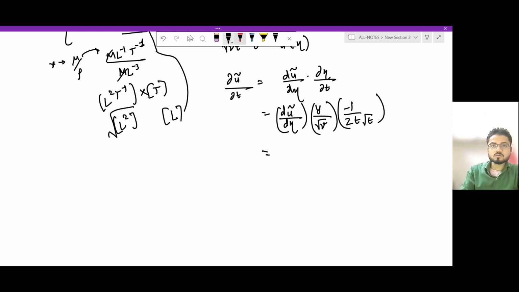Combine these terms; you can see that they can be combined quite conveniently. So this would become 1/(2t) du/dη times η. Okay, this sounds good.